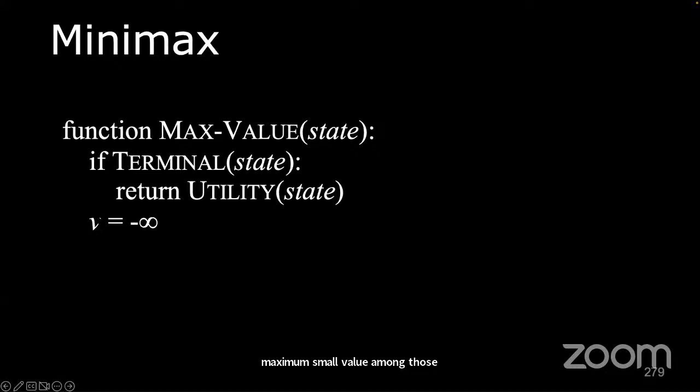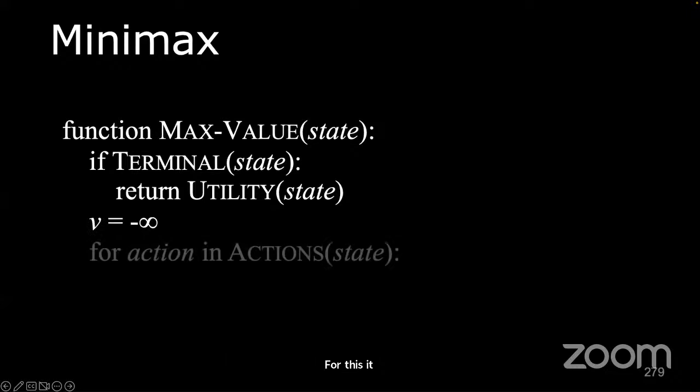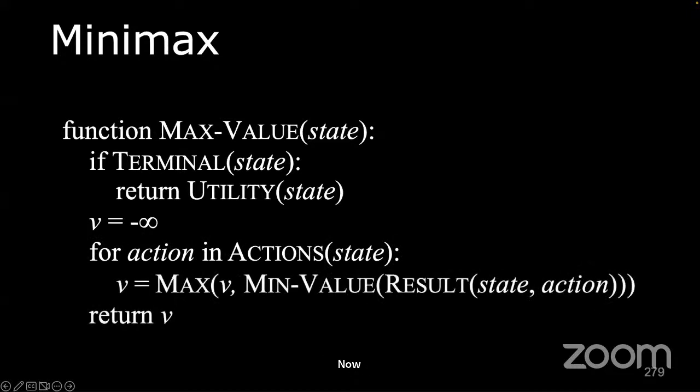For this, it takes a variable v and initializes it with negative infinity. Now it considers each action available for that state, and for each action it simulates the gameplay of the minimizing player and sees whether its value is larger than the previous value stored in the variable v.